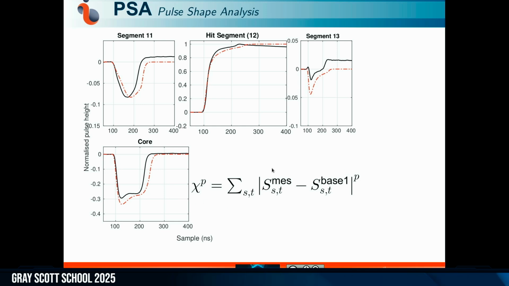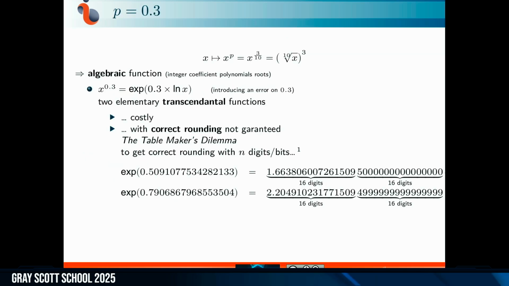So the statistically inclined among you will recognize the chi-square, but here it's a chi to the power p, because they couldn't be satisfied with p equal to 2. And in particular, here we have a better signal, it fits better.